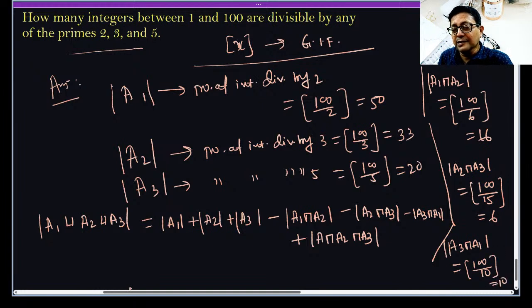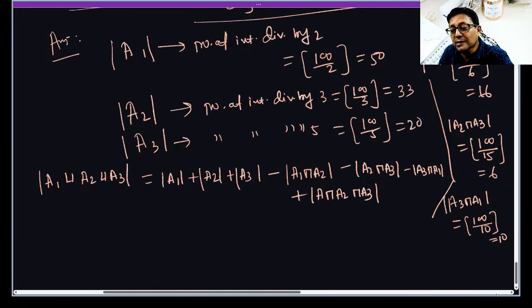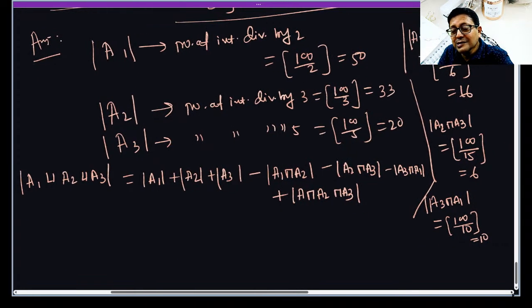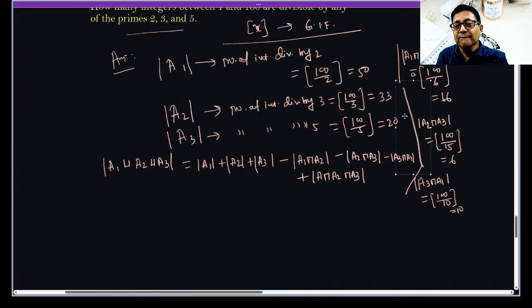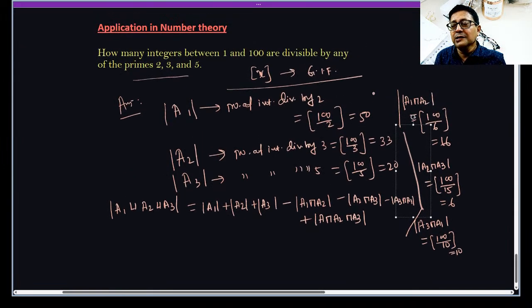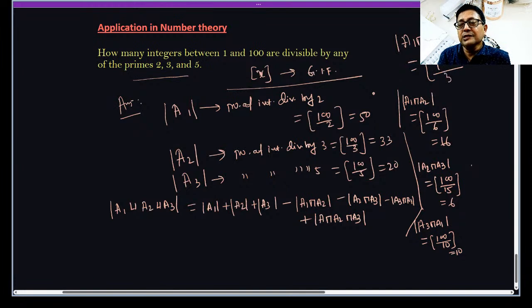This is 10. And the last one, this cardinal number we have to find. A1 intersection A2 intersection A3. Like that only. This is going to be 100 by LCM of 2, 3, 5, that is 30. So 3 point something, its floor will be 3.